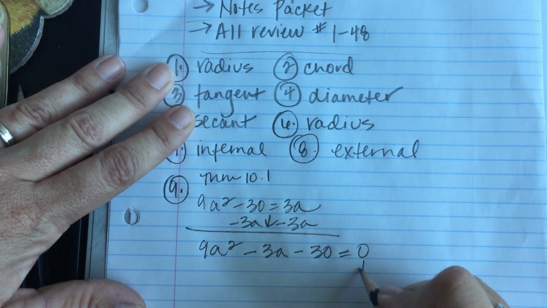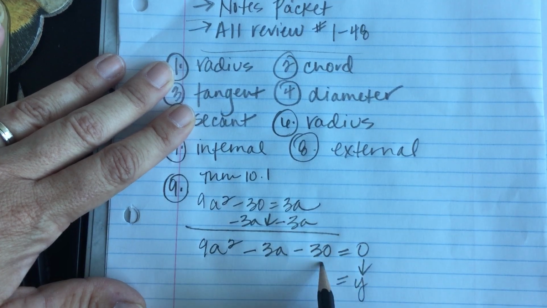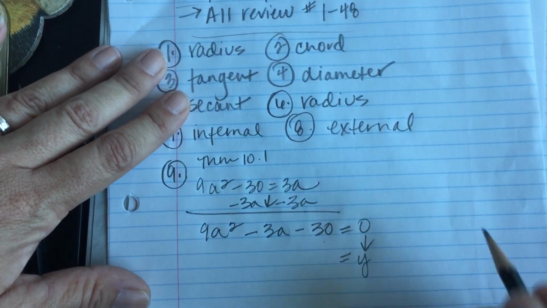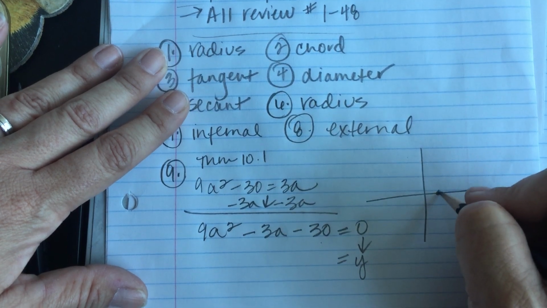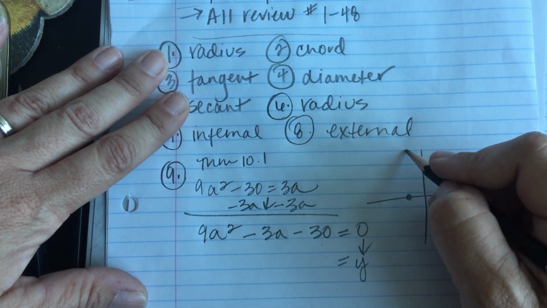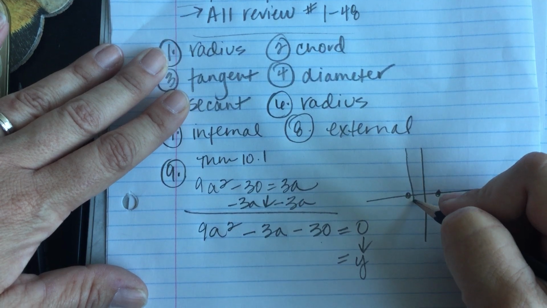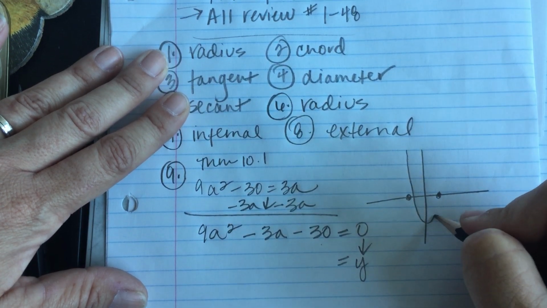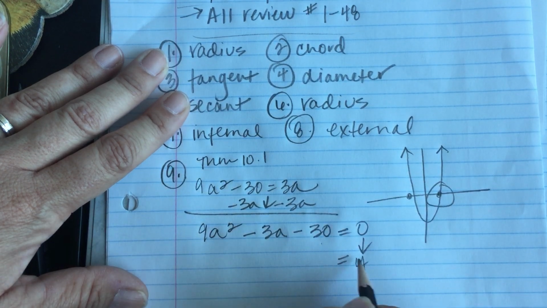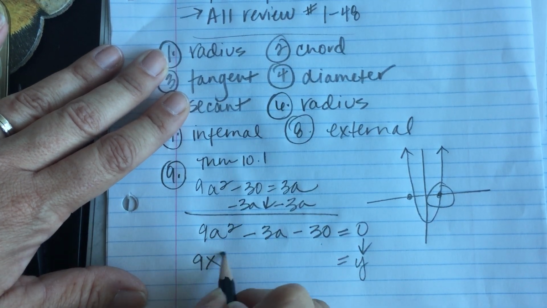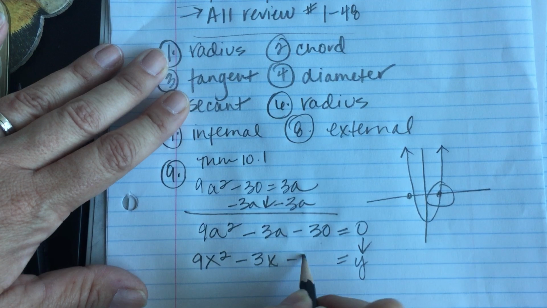We set it equal to 0. We go put the whole equation into our y equals. When we looked at the parabola for this one, it was going through the x-axis just before -1 or -2, and then it went right through at 2. So the solution to this, when we put this all in our calculator, is 9x squared minus 3x minus 30.